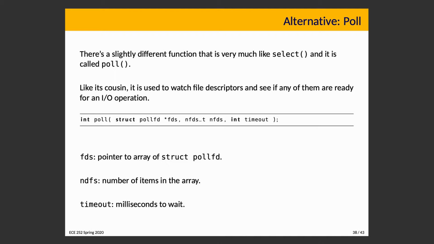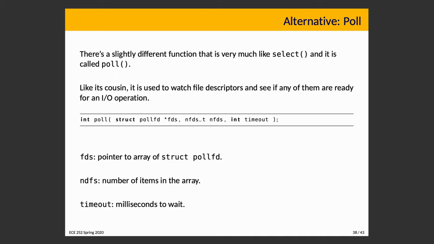So the signature for this is, again, it returns an int, as is common, and then an array of struct pollfd, and then the number of items in that array, and then a timeout, and the timeout is measured in milliseconds. So, I mean, you can see immediately how much less this asks of you. You don't have to put things into file descriptor sets.